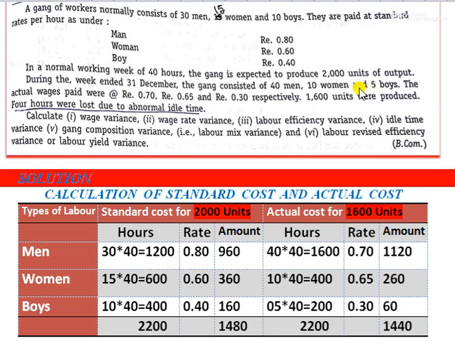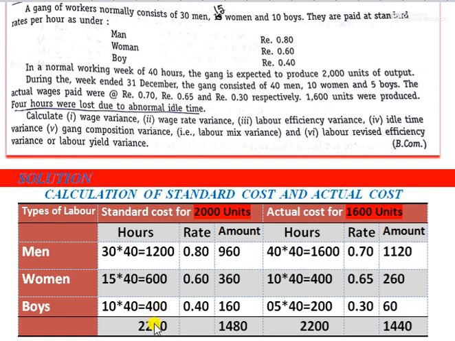So we have to do some basic calculations of finding out standard cost and actual cost. We need to find out standard cost for 2000 units and actual cost for 1600 units. Men consist of 30 and they worked 40 hours, so total hours comes to 1200. The standard hours for men is 1200, for women 600, and for boys 400.